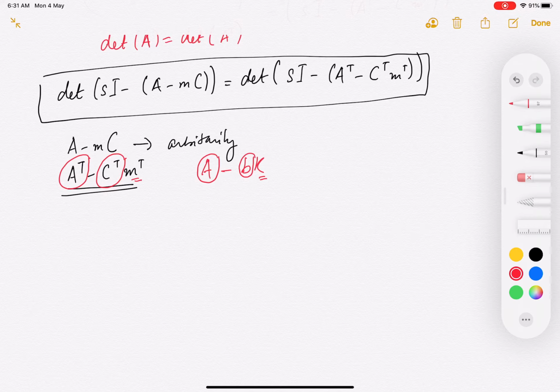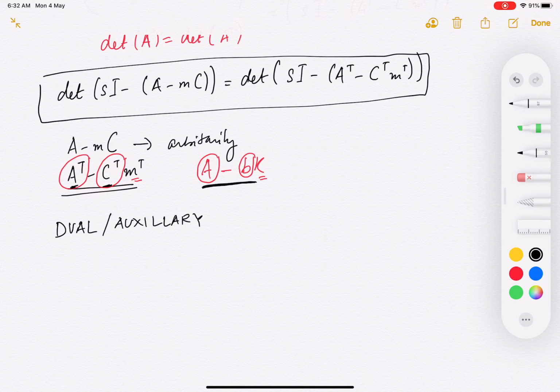From this, what actually follows is that if you have a system called the dual or auxiliary system, whose A is the A transpose and whose B is the C transpose of the actual system, and you're able to do control design for this system such that you're able to place the poles of the plant arbitrarily, then you have actually done the observer design for your original system.